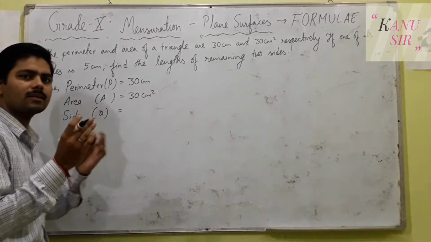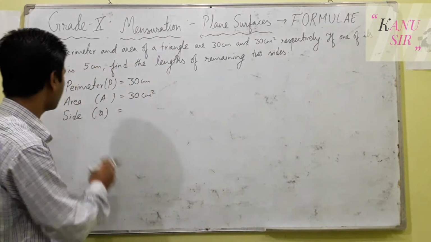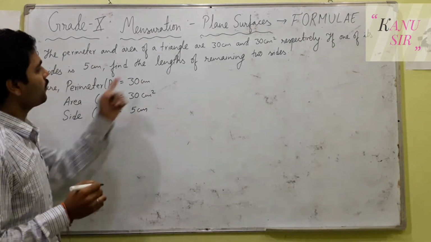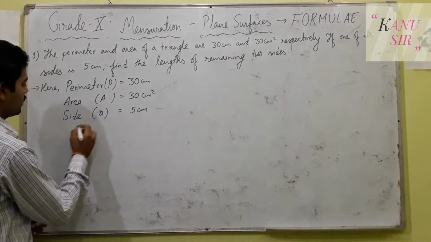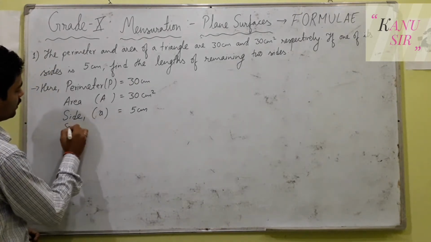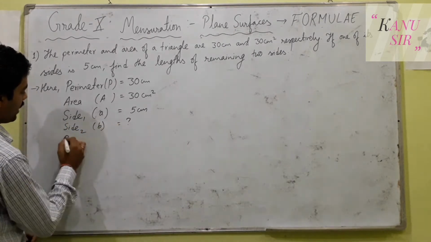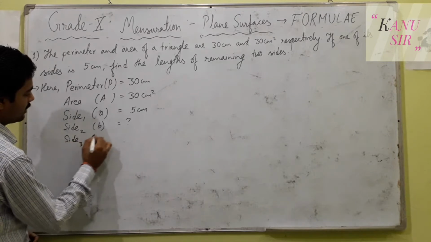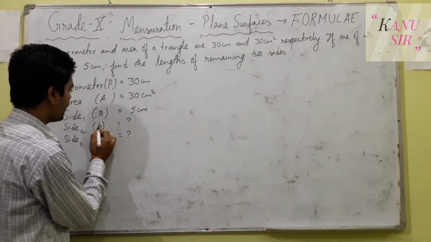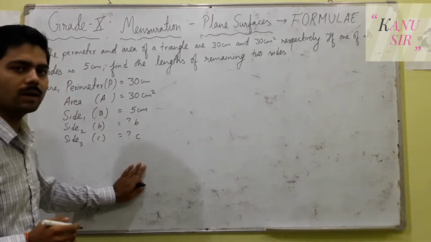There are three sides A, B and C. Among A, B and C we can consider just one side A, that is 5 cm, and find the length of the remaining two sides. So this was A, and side 2 is B equals to what, and side 3 is C equals to what. Simply, you can write B as B and C as C while using the formula.